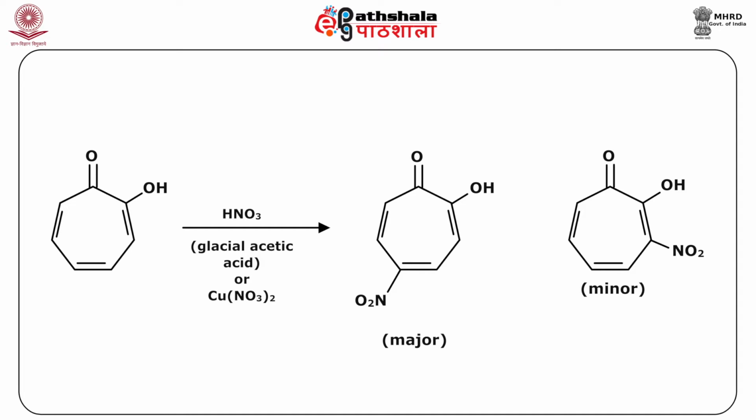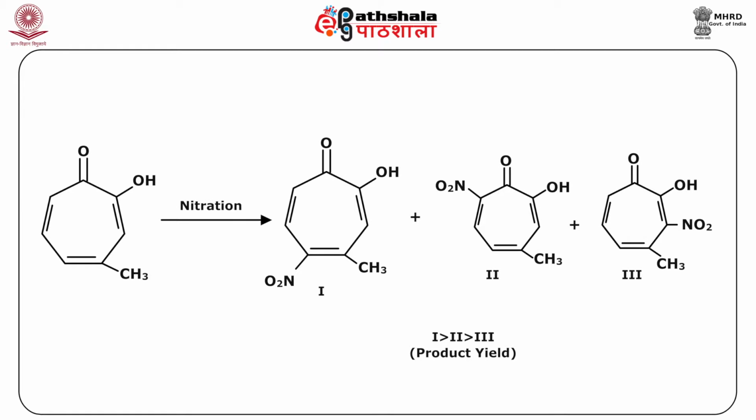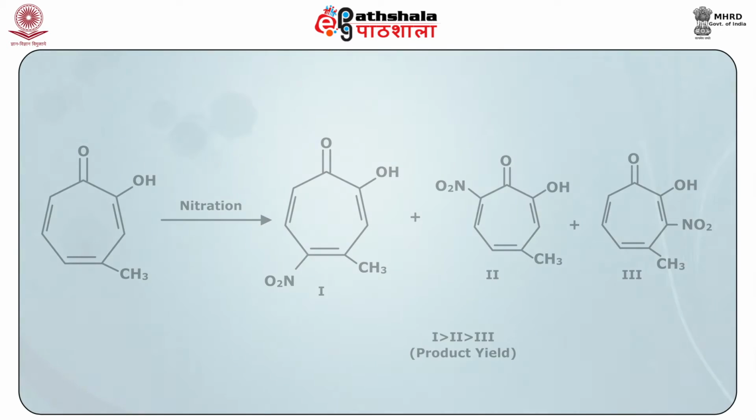So we can say that position 5 and position 3 are easily available for electrophilic attack. The nitration of 4-methyl tropolone similarly produces 5, 7 and 3 nitro derivatives in decreasing yields. That means we get the maximum yield of the 5-substituted product, followed by the 7-substituted product, and the minimum yield in the case of the 3-nitro derivative.